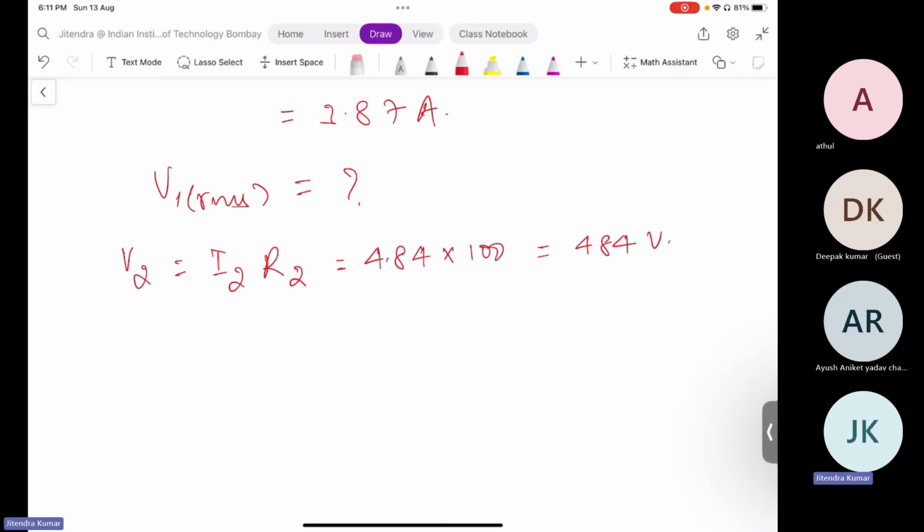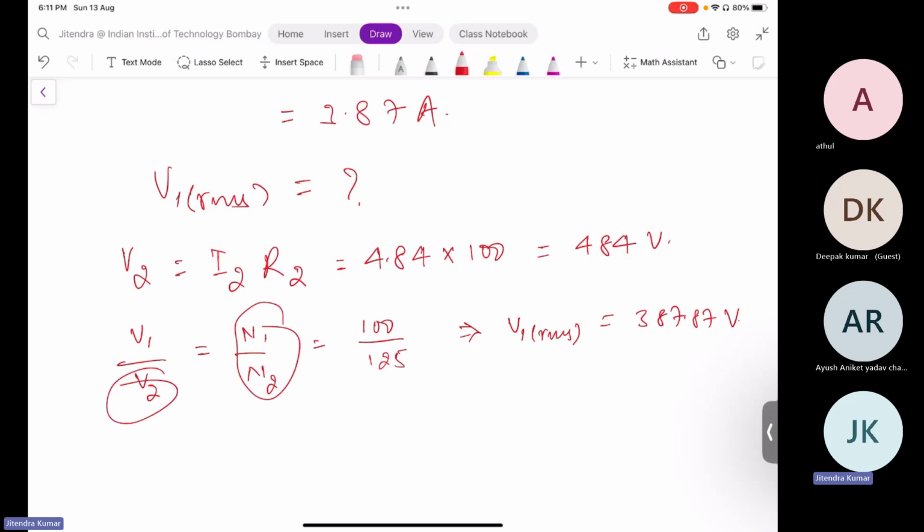Now we want to find out V1. V1 by V2 is equal to N1 by N2, which is 100 by 125. So V1 RMS would come out to be 387.87. You just need to plug in N1, N2, and V2.